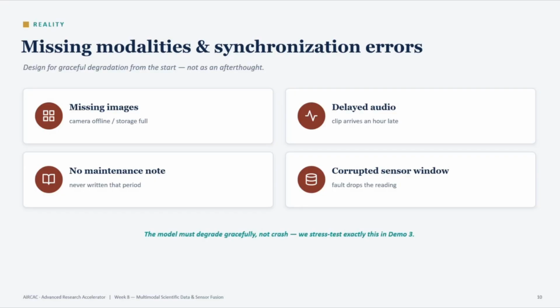This is called a missing modality stress test, or sometimes an ablation study. It tells us which modalities the model truly depends on, and which are not very important. And it will help us minimize the cost in time and money.